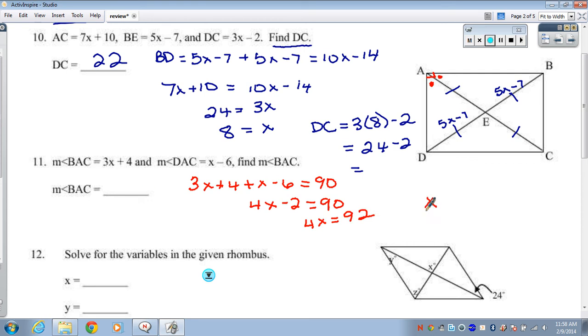X equals 23. Make sure you answer the question. So the measurement of angle BAC equals 3 times 23 plus 4, which is 73.